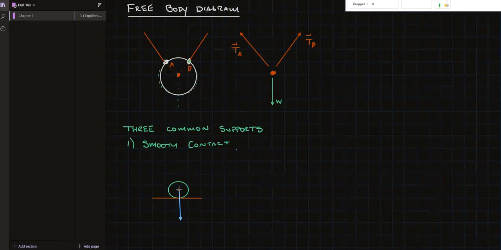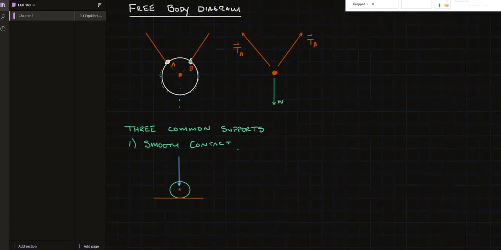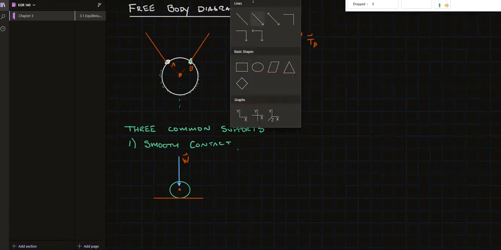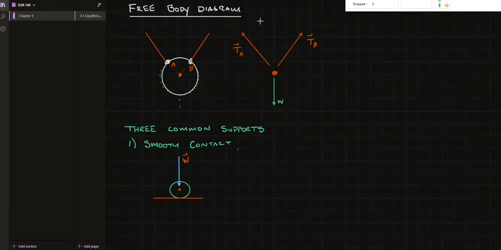So let me move the weight up here. Then the surface exerts a force normal to the surface on the particle, in line with that other force, the force of weight.